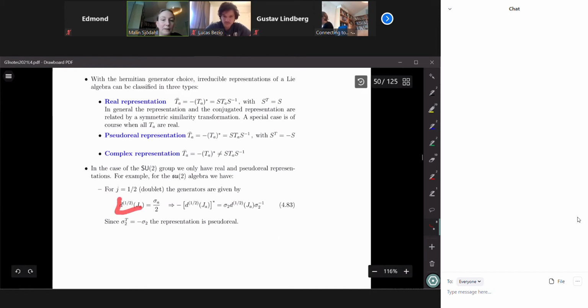So we take the 1/2 representation of the generators, and this would be sigma A over 2, that was what we had. And now we complex conjugate it, and we should then check that this thing can be obtained by some matrix, the original, and the matrix inverse, which has the property that the matrix transpose is minus itself.